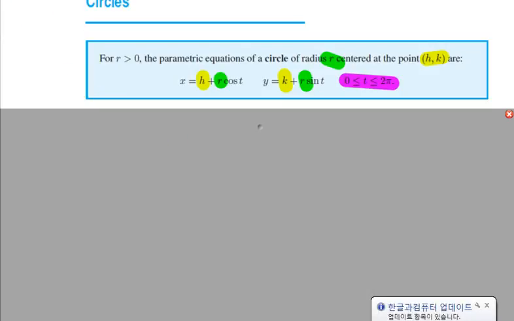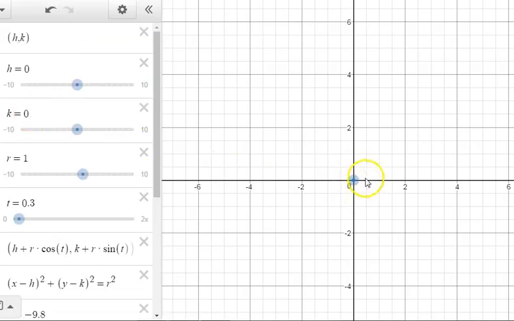So let's look at an example in Desmos. Here's my origin, and the center of the circle I want has x and y coordinates that we usually label as h and k. If I want to change the location of the center, I change the values of h and k in order to get a different center. If I want the radius of my circle to be 1, then I can express that circle using this implicit form. The implicit form is (x minus h) squared plus (y minus k) squared equals r squared, which I'll talk about in greater detail later.